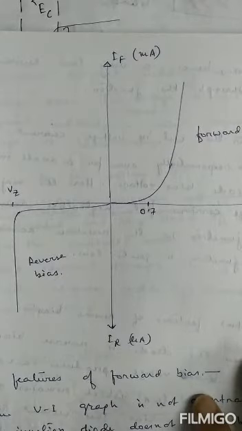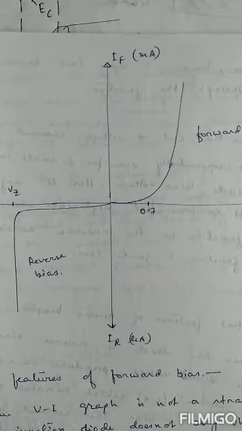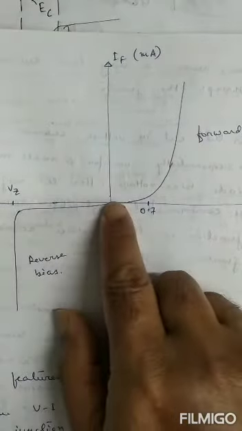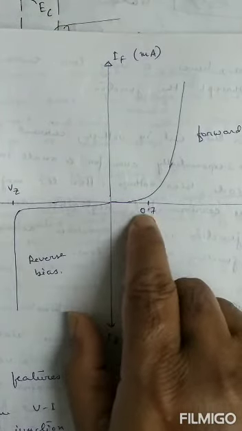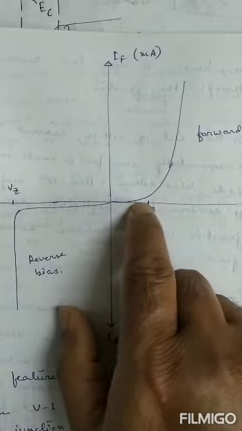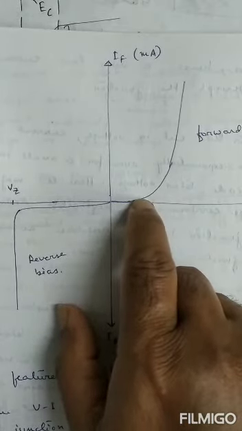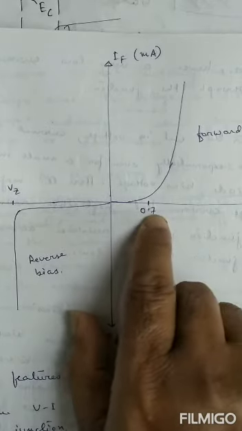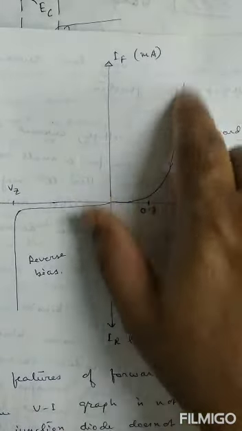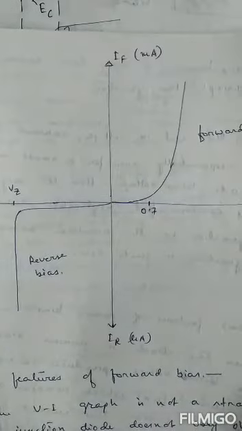That current is no longer proportional to voltage through the PN junction diode. You just see, initially voltage increases, and when the applied voltage is less than 0.7 volt, current through the junction is practically zero. Once the applied voltage is more than 0.7 volt, current suddenly increases.